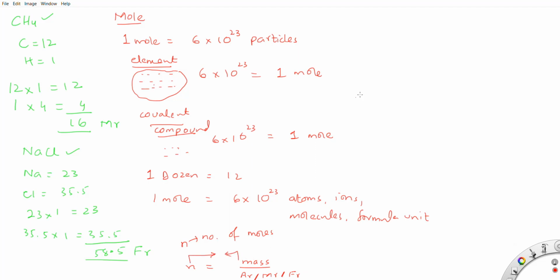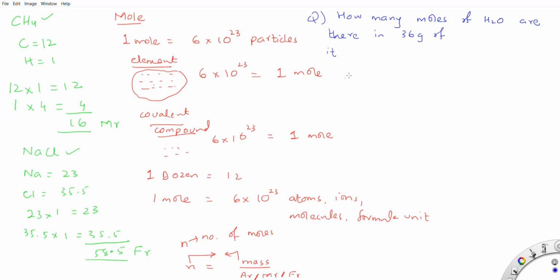So we are going to work through certain examples here, such as you have a question. It says how many moles of water are there in 36 grams of it.